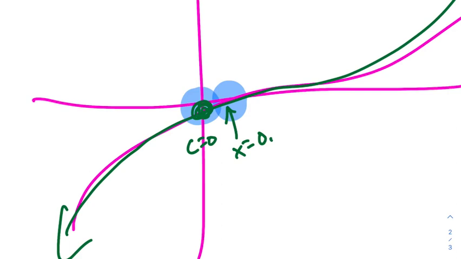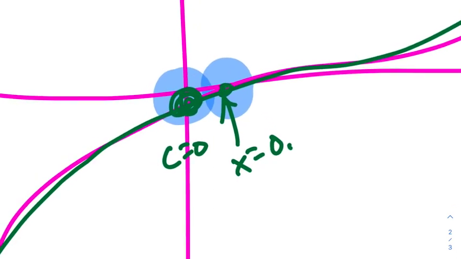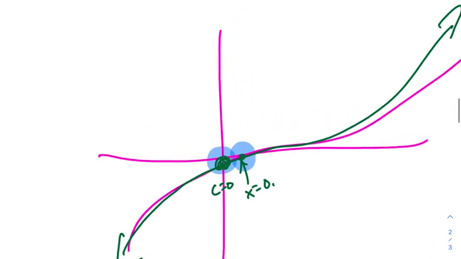How far away am I? While we can't actually find the exact value, because if we could, why would we need to approximate it, we can know for sure how close we are. We can't find the exact error, but we can find the bounds or the range that our error is in.